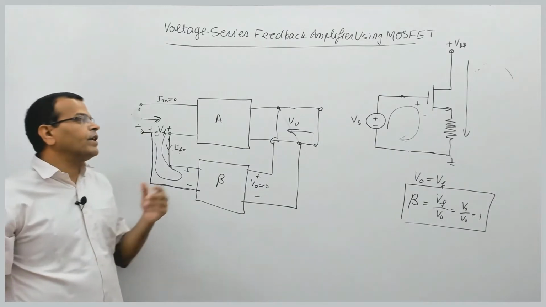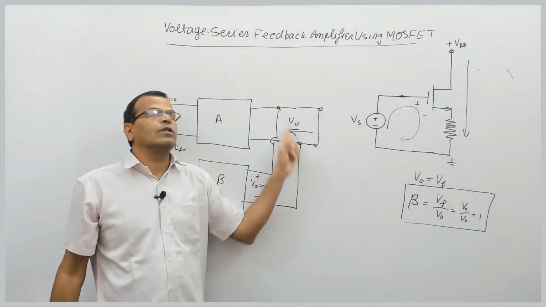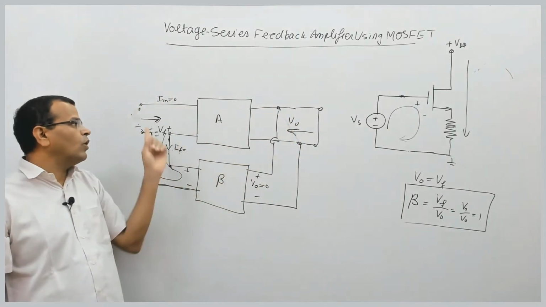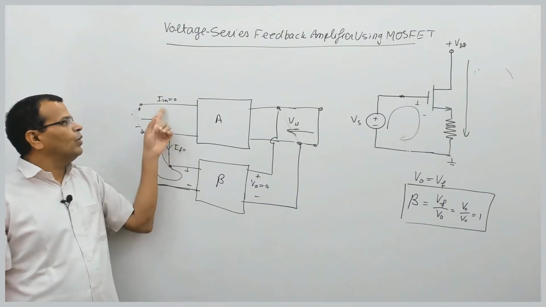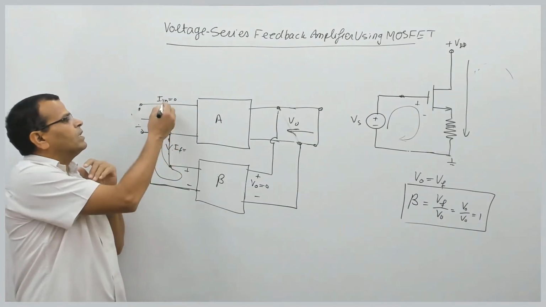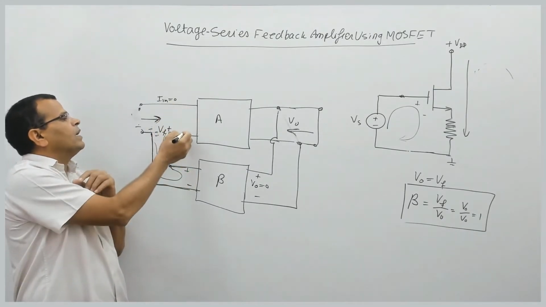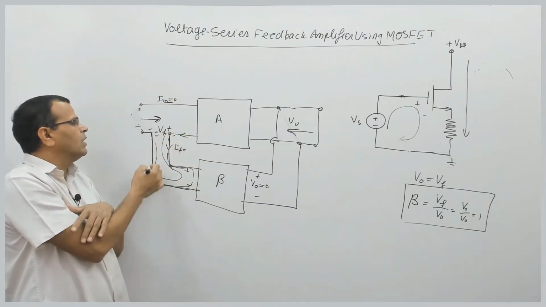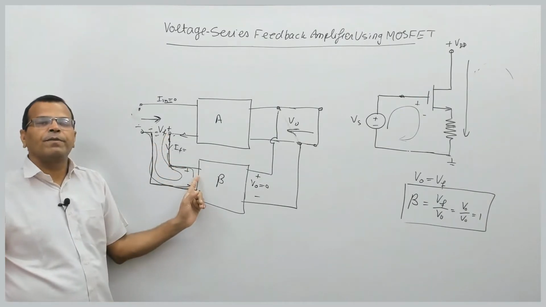So for identification of input circuit without feedback loading, we put this voltage V0 to 0, and for identification of output circuit without feedback loading, we need to put Iin equal to 0. Because if I make this 0, there won't be any current into this circuit, there will not be any current returning, so there will not be loading from the input side.